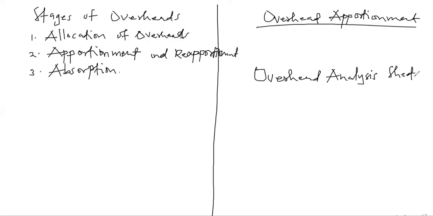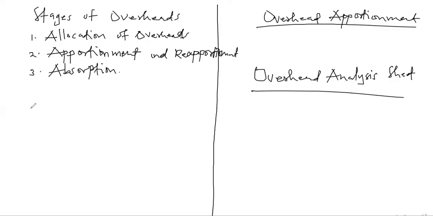It is the sheet that we make all the overhead analysis on: this is the production overheads, this is the non-production overheads, and we do the apportionment, the allocation, the absorption. That is all. Then let's move to some of the bases for apportionment.